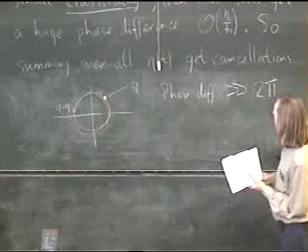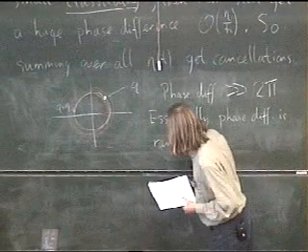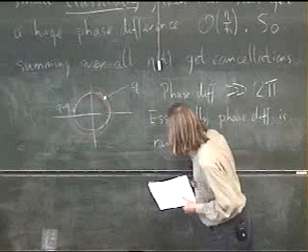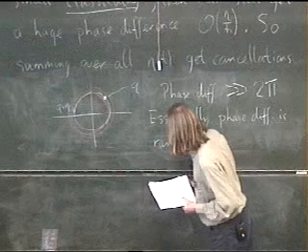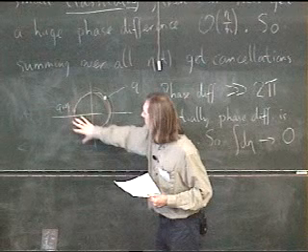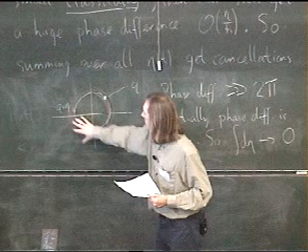So the phase difference then is something of order eta squared over h bar. And again, of course, there's some integral of some stuff in here, but just loosely, let's say order eta squared over h bar. And this can still be small.